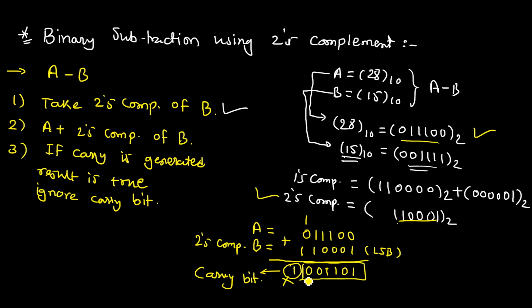If we subtract 15 from 28, we get the final answer 13. If we convert this binary number into decimal, we get 1 plus 4 plus 8, that is 8 plus 4 is 12, plus 1 is equal to 13 in decimal.